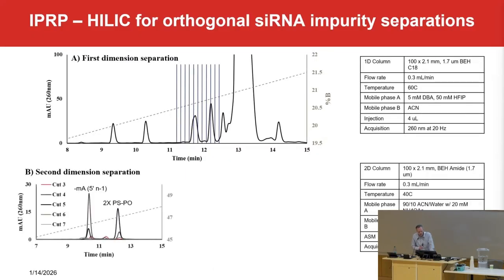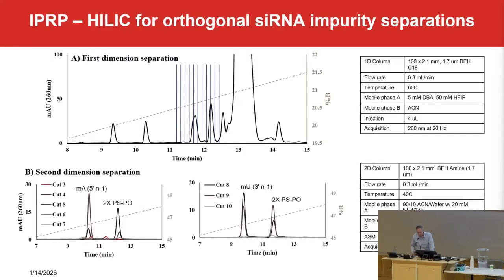This is what is shown here, where in both cases we have coelution of different N-1s, so adenosine versus uracil, and then oxidation, that is, the phosphorothioate species being oxidized to a phosphodiester bond. A lot better resolution with HILIC in the second dimension than with ion pair reverse phase in the first dimension.